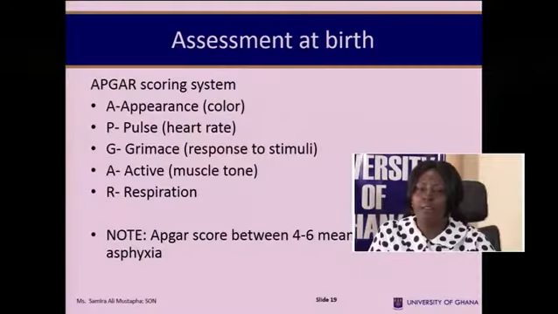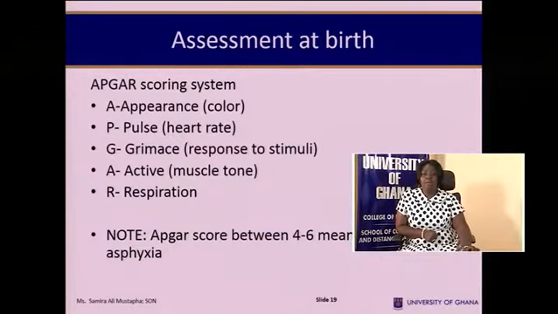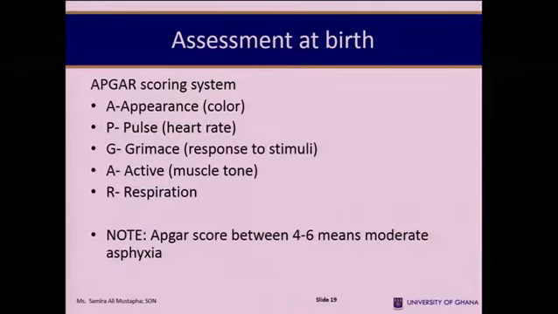And when these newborns come out, we talk about assessment at birth, the APGAR scoring. APGAR scoring looks at the appearance in terms of color, the pulse or heart rate, the muscle activity or tone, and then the respiration. When these are absent or the color is blue, so the baby is cyanotic, the score is 0.